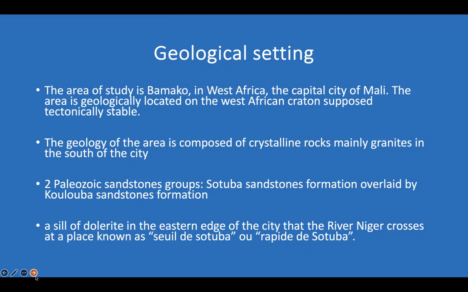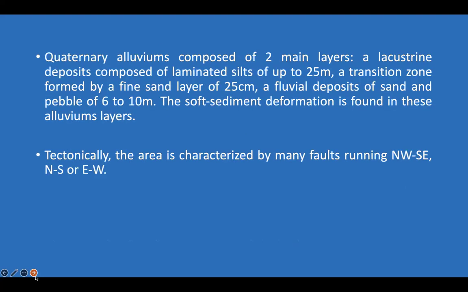We also have some dolerite intrusion that can be found in a part of the city that is called the Sea of Sotuba. I will show you all of these formations on the geological map.